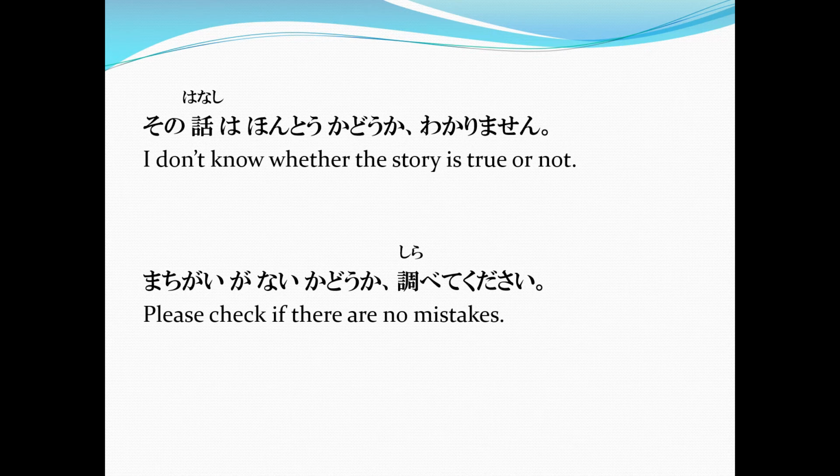You see the difference? If you use 間違いがあるかどうか, you are expecting that there are mistakes. But when you use 間違いがないかどうか, you are expecting that there are no mistakes. Got that?